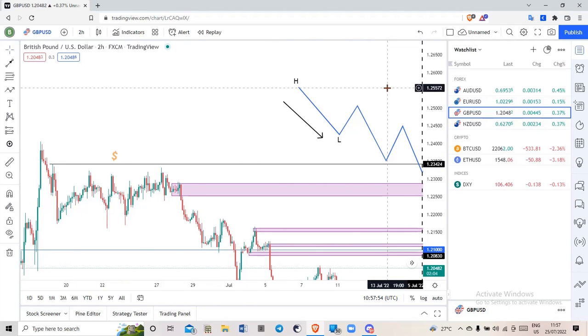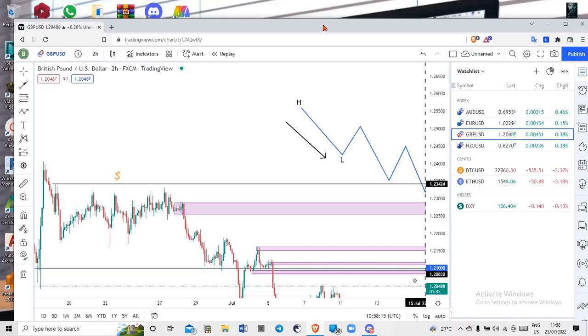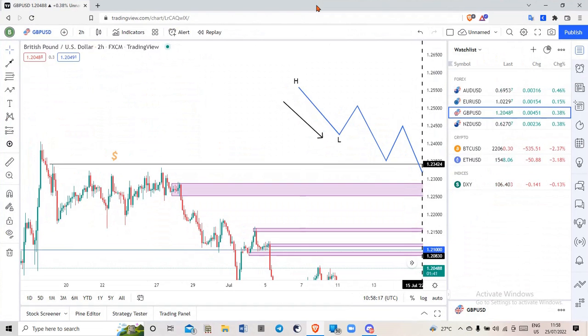Refer to the previous video where I talked about the ceiling and the floor, which is support and resistance. So the high is immediately it bounces on the top of the roof and then goes down. It's called the high, because that is the highest point where price got to before going down.